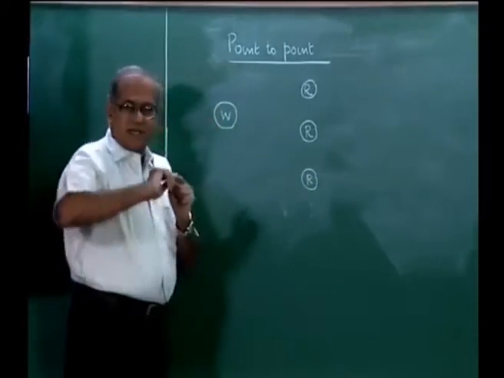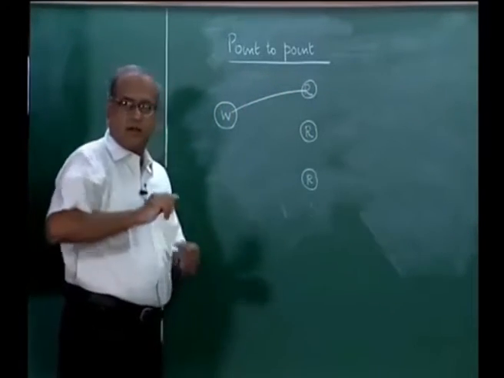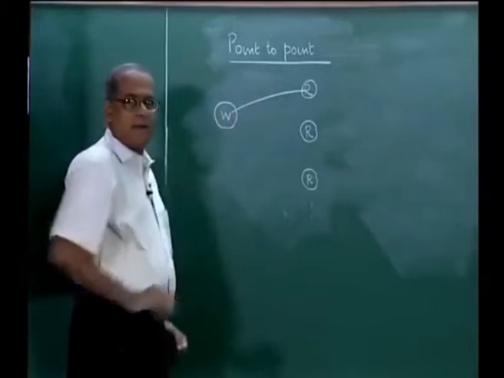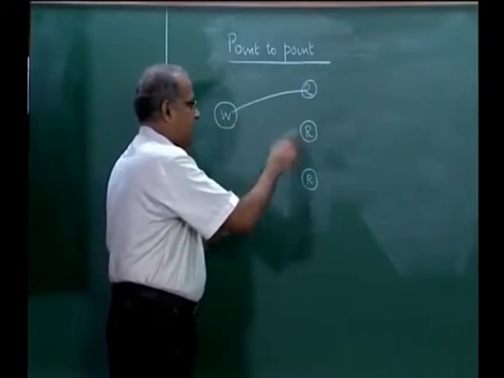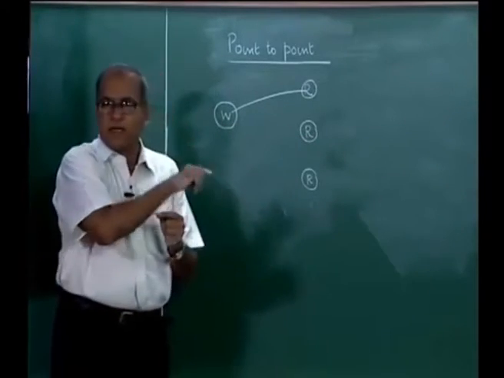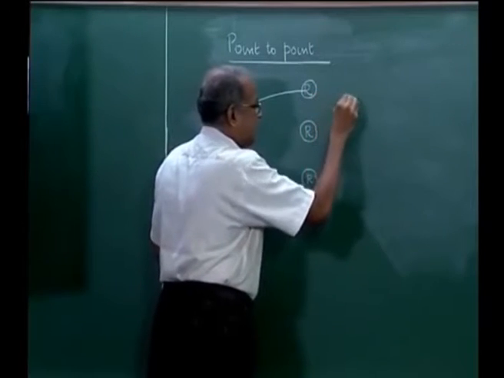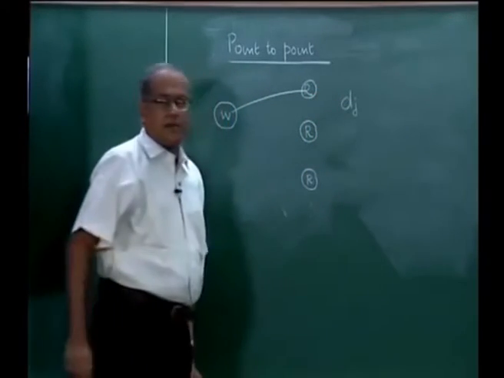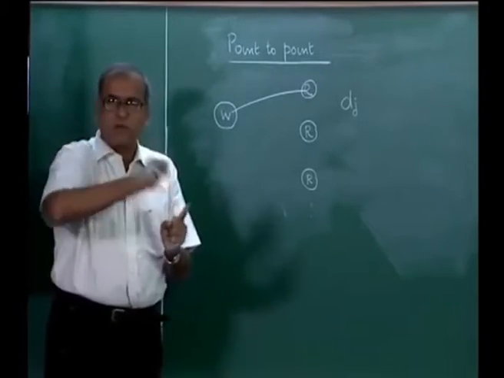Now we will assume that there is a truck which goes from here point to point. It goes to the retailer and comes back, and then it can go from here to another retailer and come back, and a third retailer and come back, and so on. So, let us assume that for retailer j there is a distance of dj which the truck covers, both ways put together.